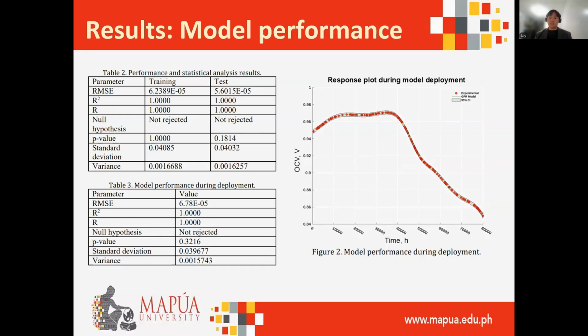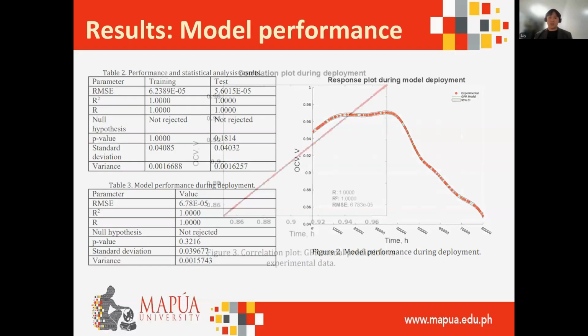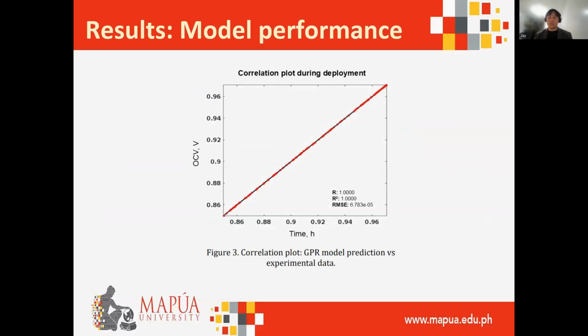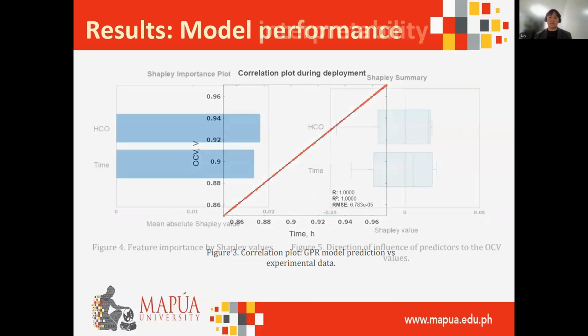Figure 2 illustrates that the predicted curve closely follows the measured OCV across the entire time range, with a very narrow 95% confidence interval reflecting low model uncertainty. This was also confirmed in figure 3, with all data points aligning along the 1:1 correlation line, indicating minimal deviation between predicted and actual values in both training and validation phases.